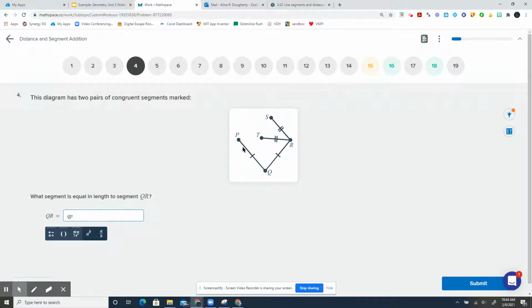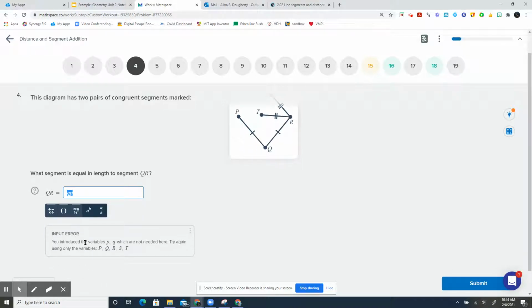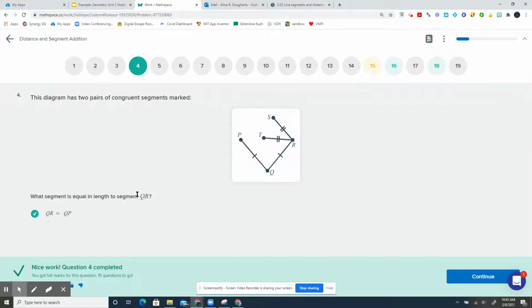I don't know if capitalization matters or not, so we're going to find out. Input error. So anytime you get an input error, it's because you put the right thing, just not exactly the way they want it typed. Endpoints are usually capitalized, so it is going to be case specific. You're going to want to put capital letters in there. Nice work. Oh, and that is it.